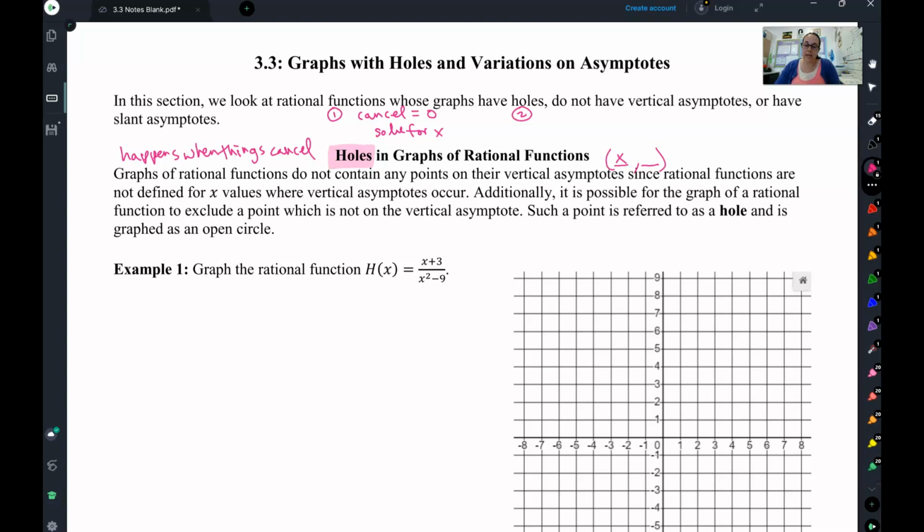Then you're going to take this x value and plug it into the simplified equation. So take the x value we found in step 1, plug it into the simplified equation, the equation that's left after we cancel things on top and bottom, and get an answer. That is the y value for our hole.